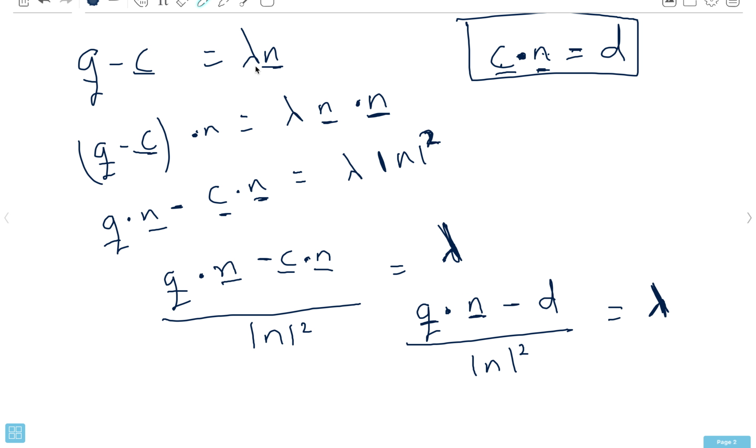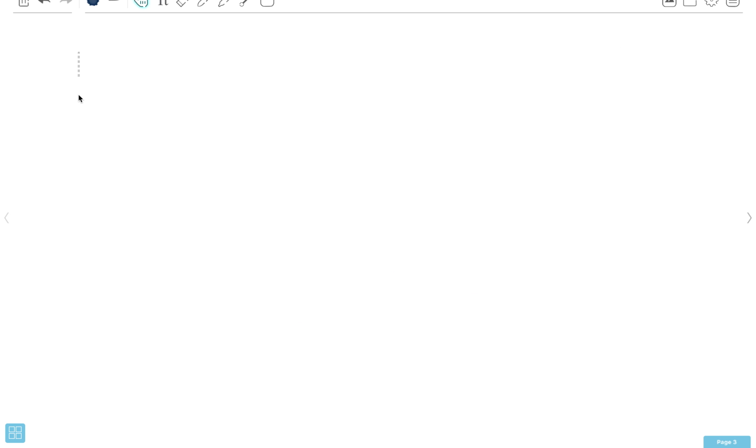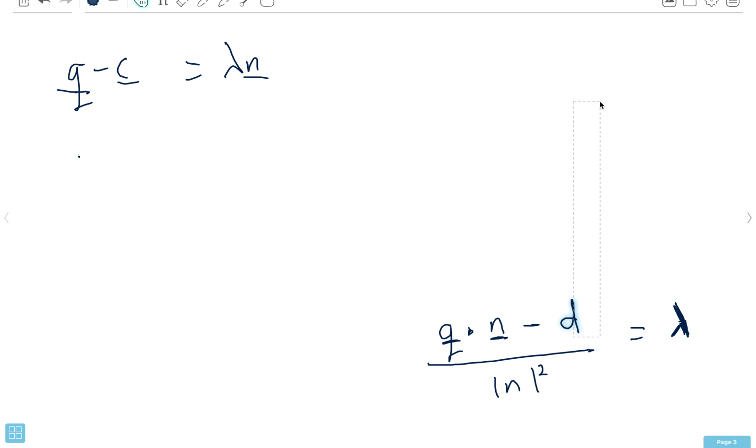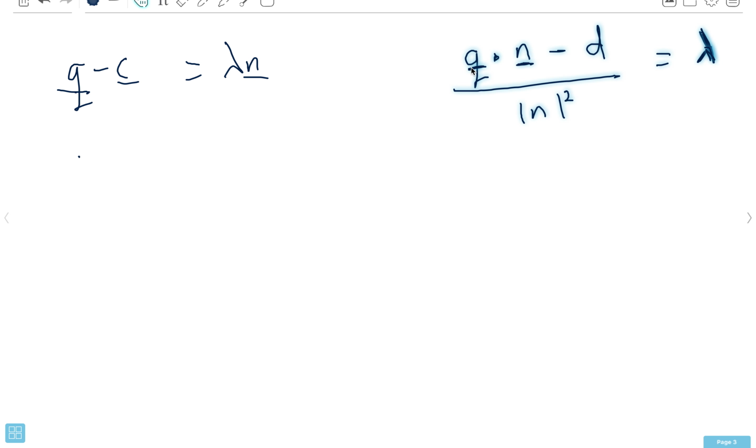So if we go back to this, then we'll take this. If I copy Q minus C is equal to lambda n, and paste this over here.